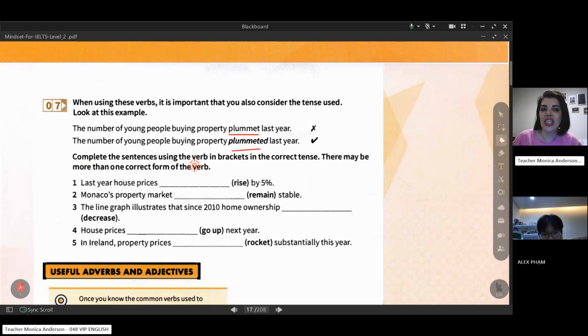Complete the sentences using the words in brackets in the correct tense. Last year, house prices, okay, you need to change the verb according to your time expression. So what's the answer? Rose. Great, rose. And Monaco's property market stable.